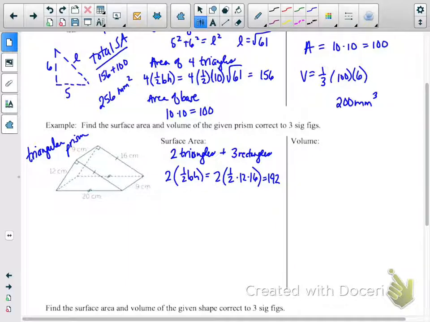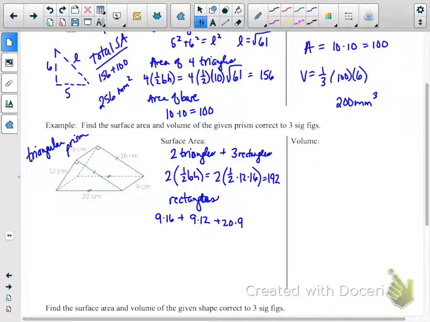Okay. Now for my rectangles, I have 3 of them. I'm going to start with the one here on the top right. So this rectangle right here is a 9 by 16. All right, the one over here on the left, that's going to be a 9 by 12. And then on the bottom, that's going to be a 20 by 9. So we add all those numbers up.